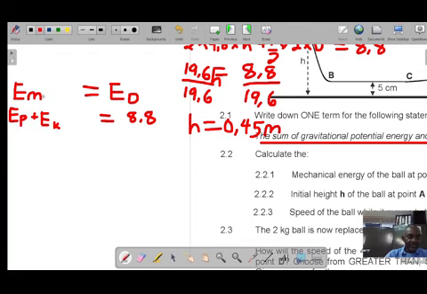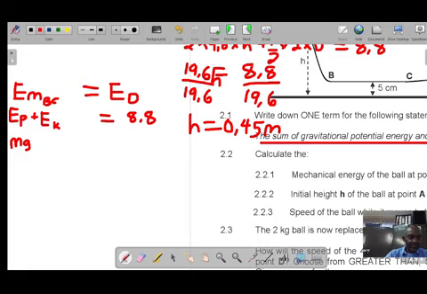Now don't forget, this is along BC. This is E mechanical along BC. Now to get our EP, we're going to multiply again mgh, that's mass times gravity times height.